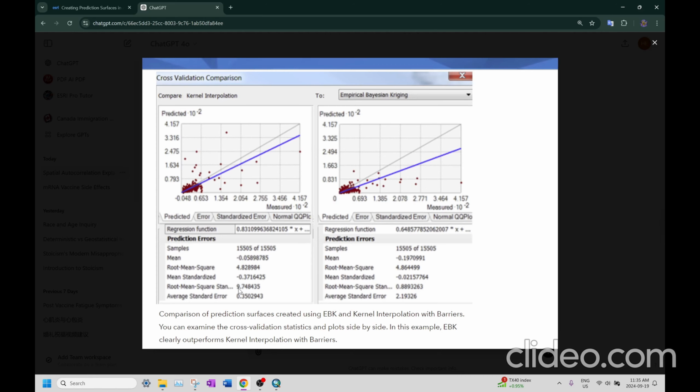So that's what I said. Close to one, of course, this one, EBK is better. So in short, you don't have to worry about anything else. Just make sure the root mean square and average standard error are close, and the root mean square standardized is closer to one. That's all. You don't have to consider anything else.